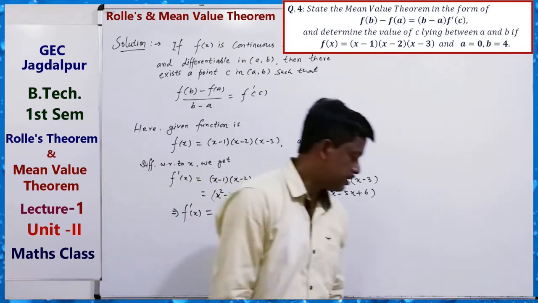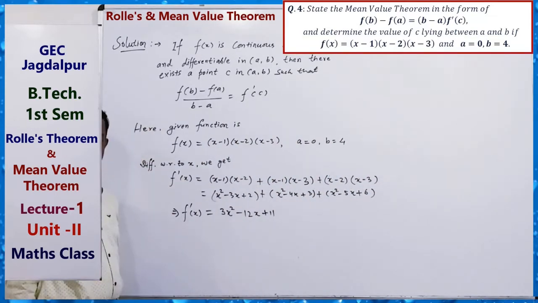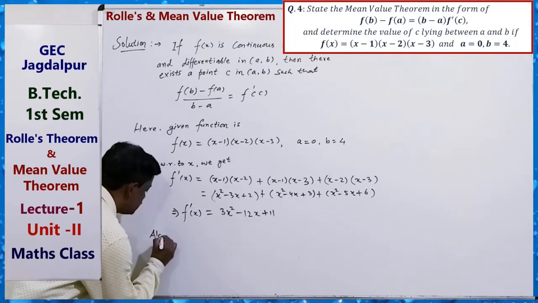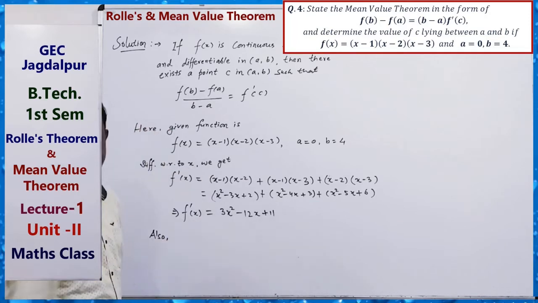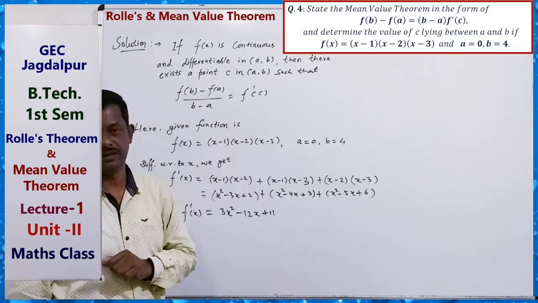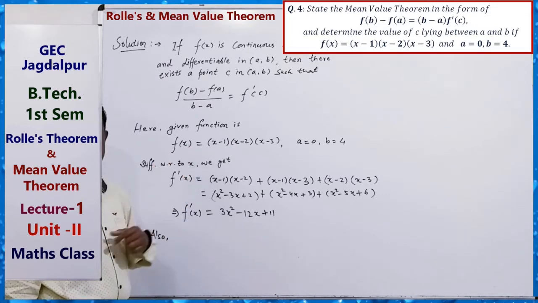Now this is the derivative. Also, we have to find the value of c using Lagrange mean value theorem, which can be used for this function because it is continuous and also differentiable.